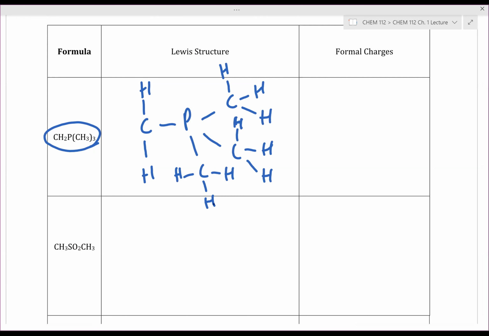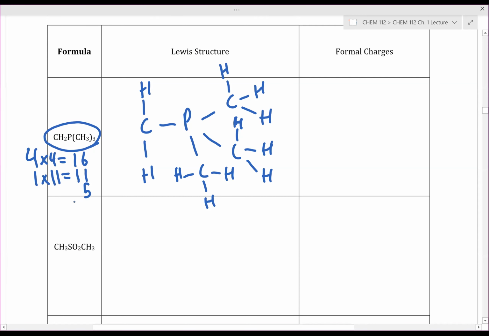Let's do some quick electron counting math. From all of our carbons in this structure, we have 4 carbons, each of them contributing 4 electrons for a total of 16. We have a total of 11 hydrogens contributing a total of 11 electrons. Finally, phosphorus contributes how many electrons to our total? 5.